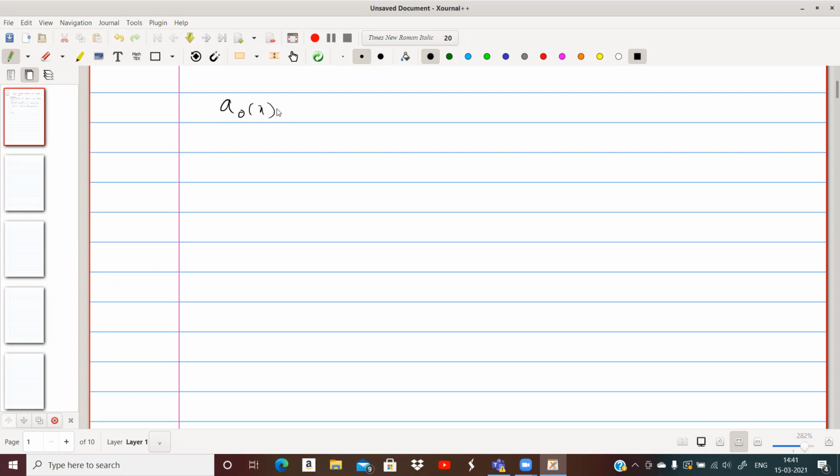If it is non-zero, then and only then we have order n, otherwise no. So in this variable coefficients case, there may exist some x in I, not throughout I, such that this will become 0. There may exist points x in I where the coefficient a0(x) of the nth derivative vanishes.